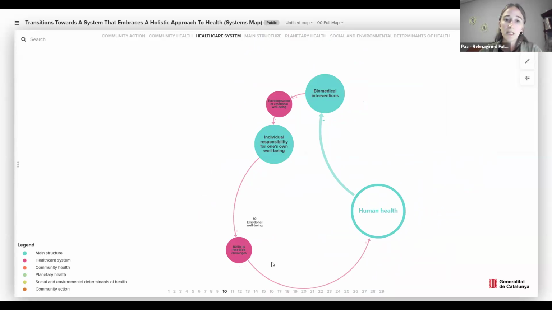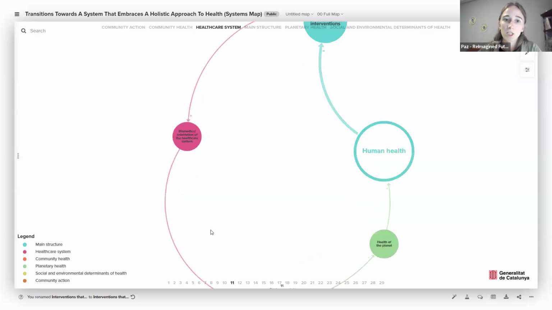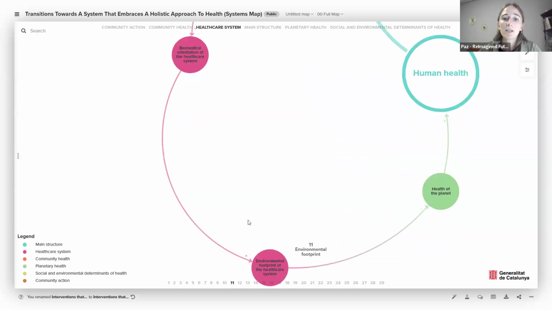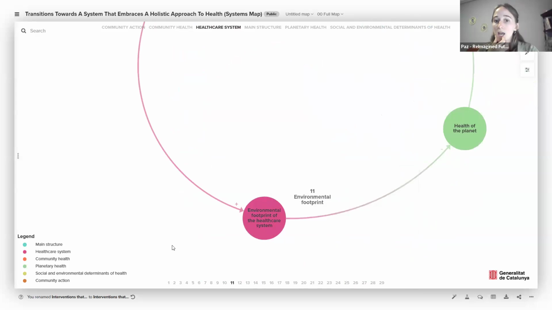Then loop 11 is the first relationship between human health and the health of the planet, right? So the biomedical orientation of the healthcare system carries a large environmental footprint because it consumes a lot of energy and resources.